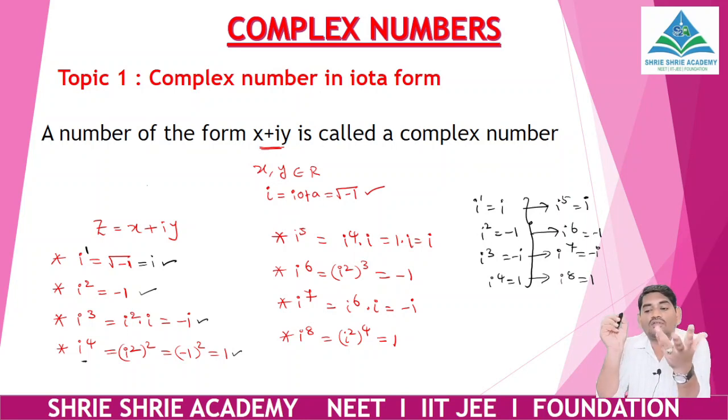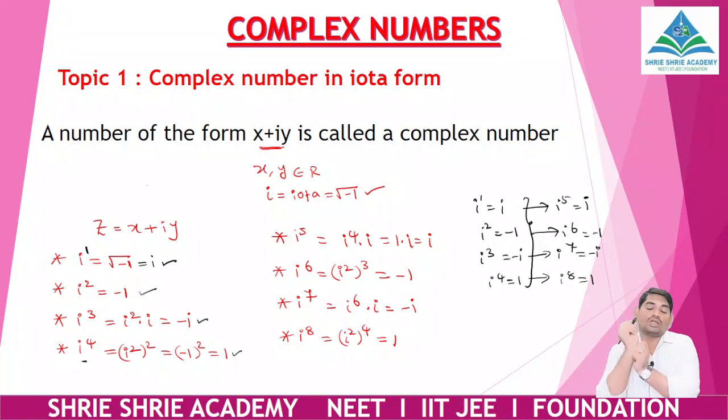Similarly, if you want to find the value of i power 9, i power 10, i power 11, i power 12, again we get the same values, keep on repeating. I mean i power 9 is again iota, i power 10 is minus 1, i power 11 is minus iota, and i power 12 is equal to 1.